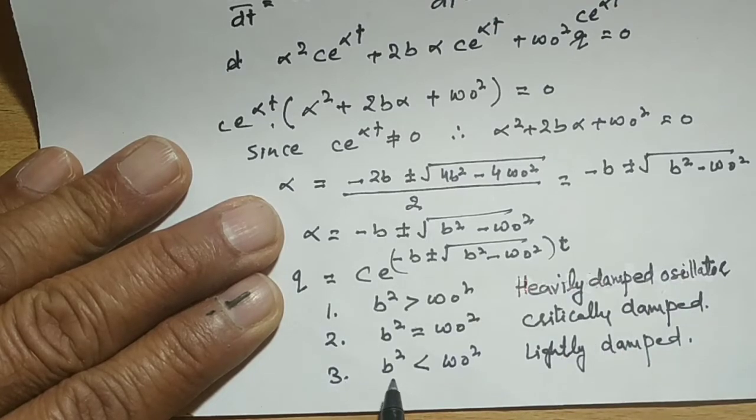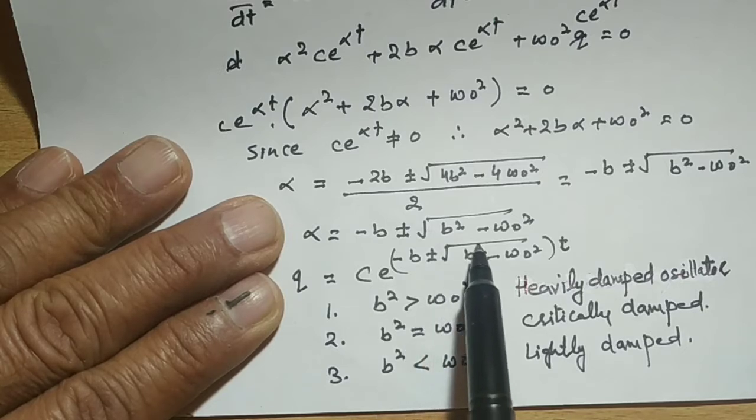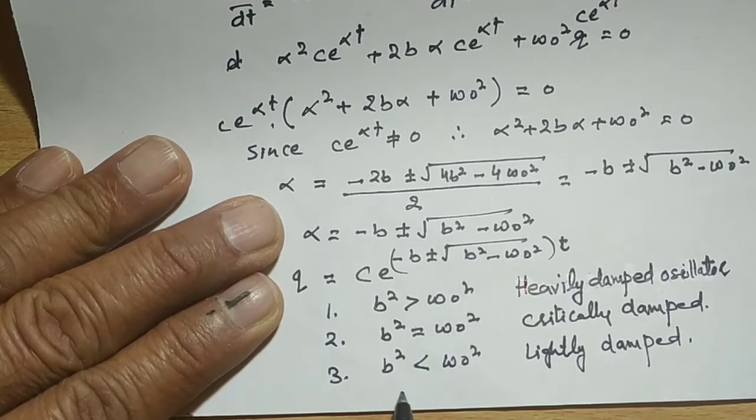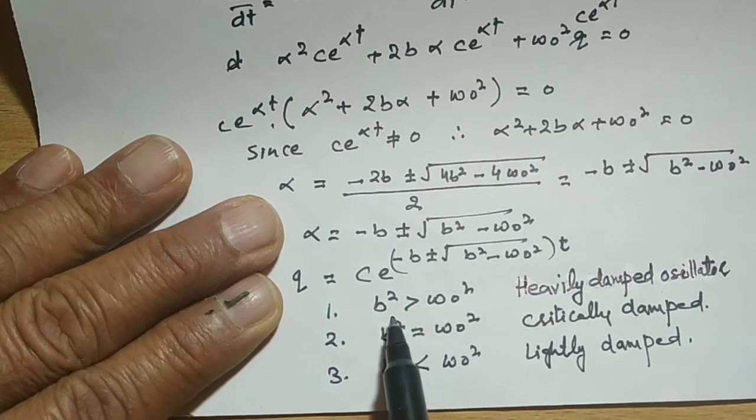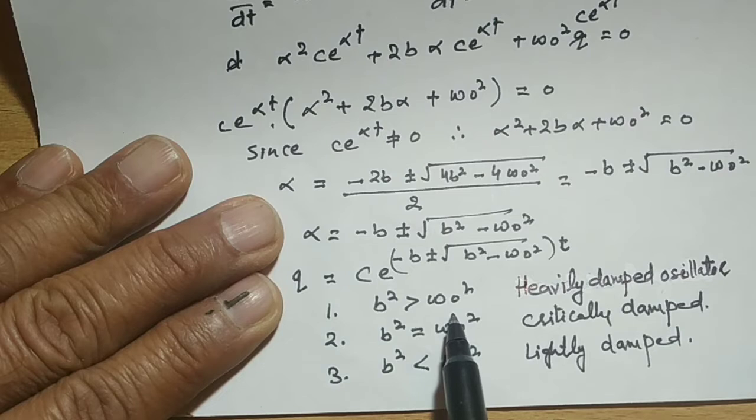The third case may be when b square, that is damping, is very small, and then it is called lightly damped. So there may be 3 types of damping depending upon the values of b and omega naught. Now we will discuss all these 3 types of damping.